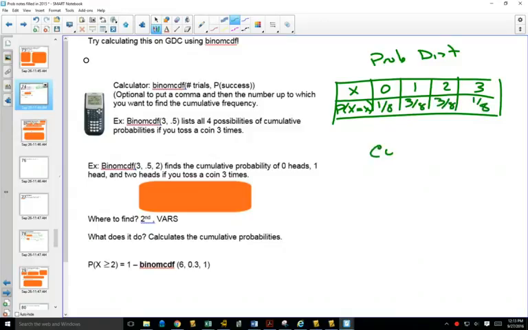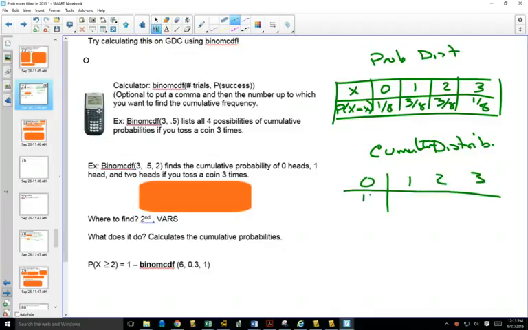With the cumulative distribution, what it looks like is what would happen if you had added these up. So not having any would still be 1/8, but then at 1 it would add up the 1 and the 0, so this would now be at 4/8.